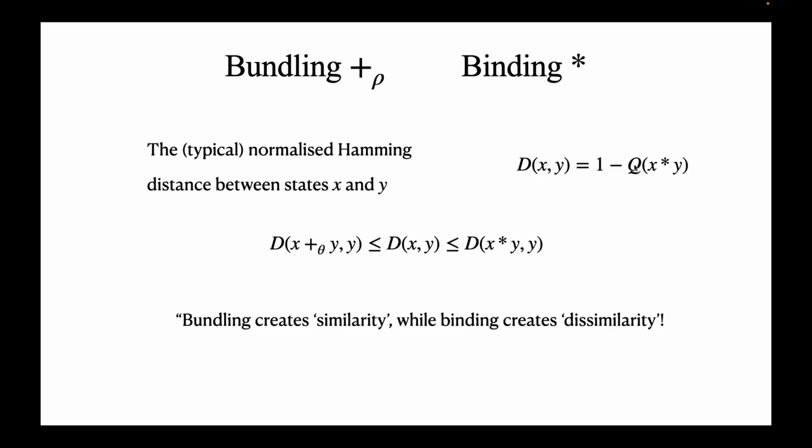This is not even a result, but it is nice to observe because it really simplifies all these calculations. But more importantly, what then comes out is that bundling creates similarity, while binding creates dissimilarity, and this is precisely what we want.